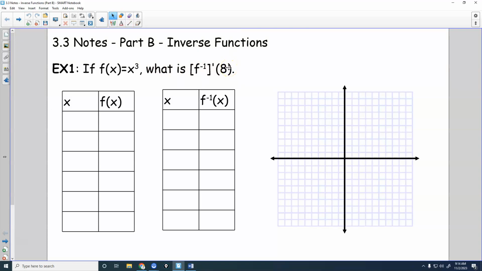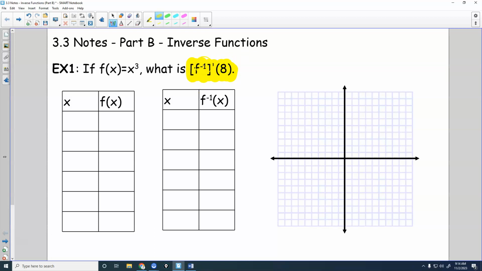Well, actually no, okay. So this notation is complicated. Let's talk about what this question right here is asking us to find. The slope of the inverse function at 8. Right?